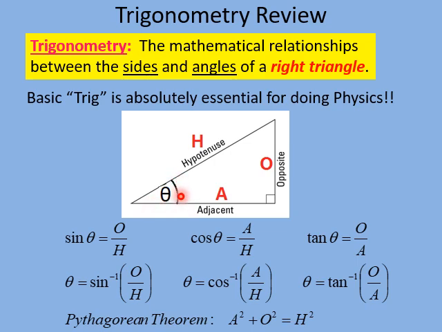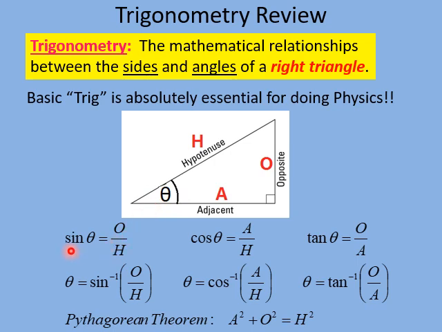In fact, it forms part of the angle here, so it's called the adjacent side. It's adjacent to the angle theta. And then, as you remember, the long side of a right triangle is called the hypotenuse. So these three sides are abbreviated H, O, and A. Trig is all about the ratios of these various sides of the triangle and this angle here.